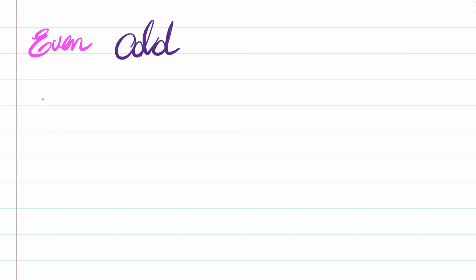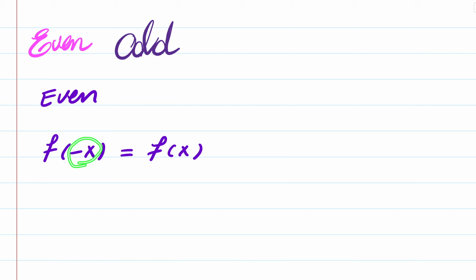We say a function is even if when we replace x by negative x, we still get f of x. So when we replace x by negative x, again the answer is exactly f of x.